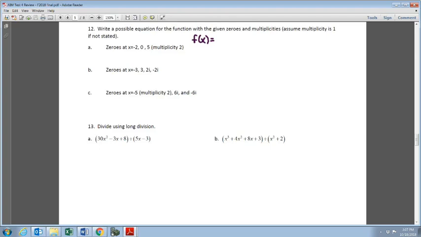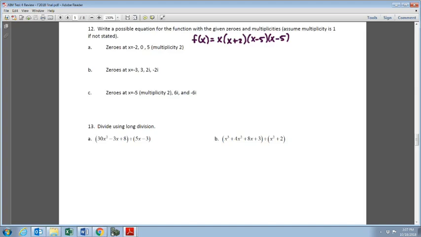If negative 2 is a 0, then we know x plus 2 is a factor. If 0 is a 0, we know x is a factor. And if 5 is a 0, we know x minus 5 is a factor. In fact, there's 2 here since 5 has a multiplicity of 2.